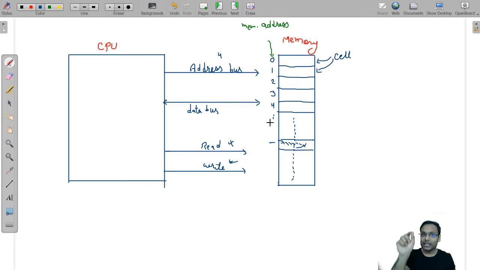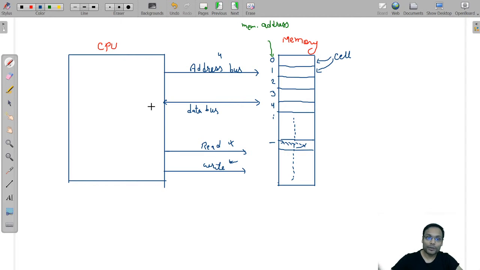In the memory read operation, you need to type down the answer here in the comment box. If memory is performing a read operation, from where to where is data going? The data will go from memory to CPU through this data bus. If there is a memory write operation, then what happens?